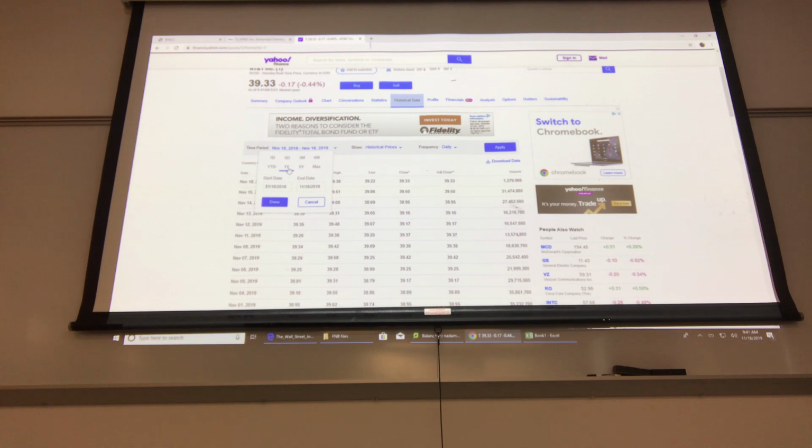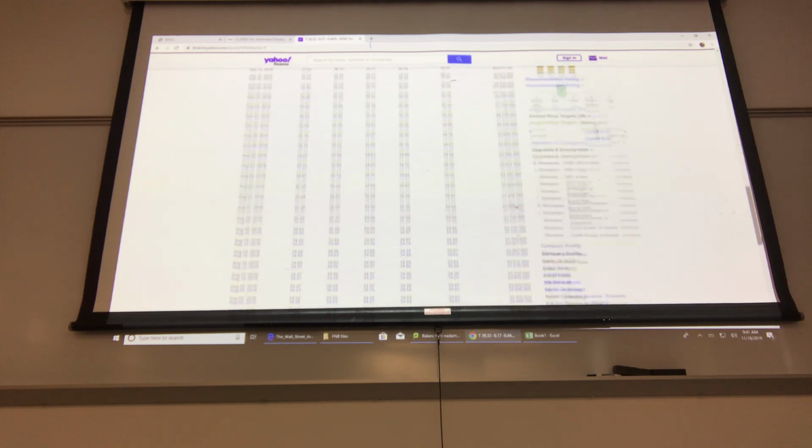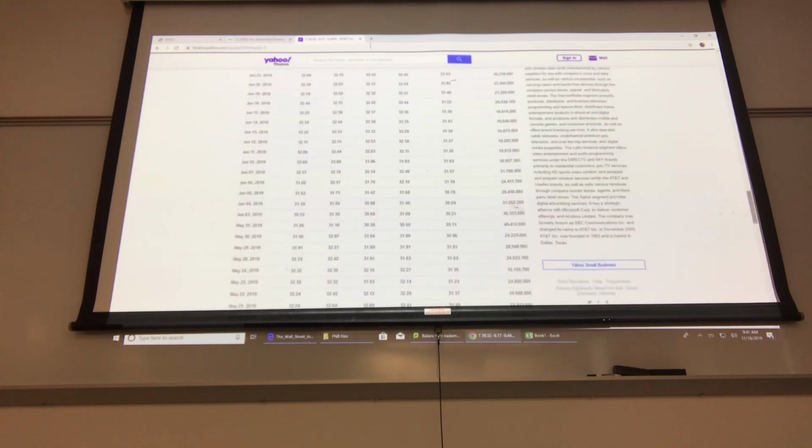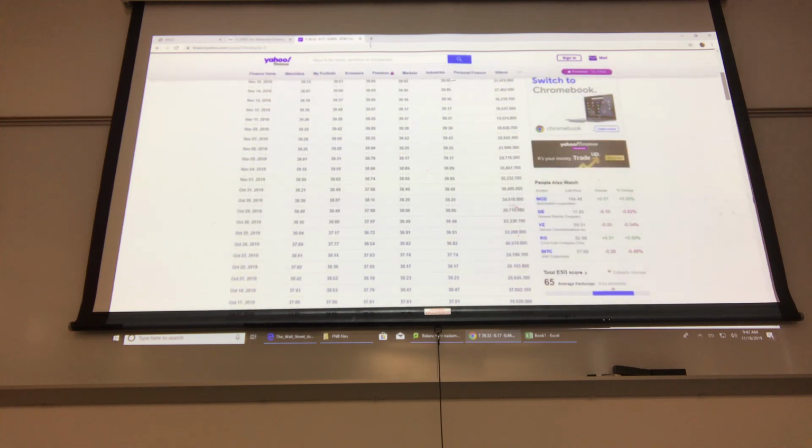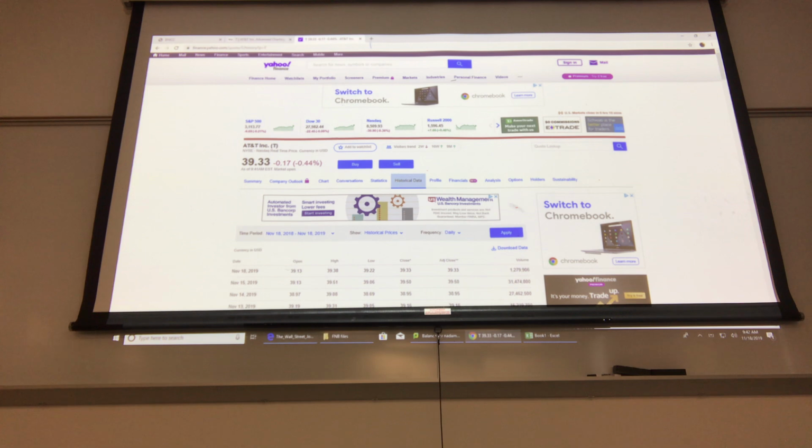I specify the time period for the last year. I click done and I have the time for the last year. Today is November 18th. I go back and I get the period to be from November 18th, 2018 to November 18th, 2019.